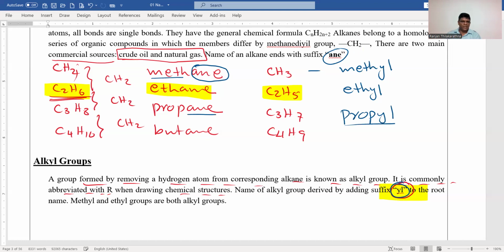Butane, you remove n, so it will be butyl. Methane, ethane, propane, butane become methyl, ethyl, propyl, butyl. Very simple how to get the name: remove the n part, add YL, so you will get the name of the alkyl group.